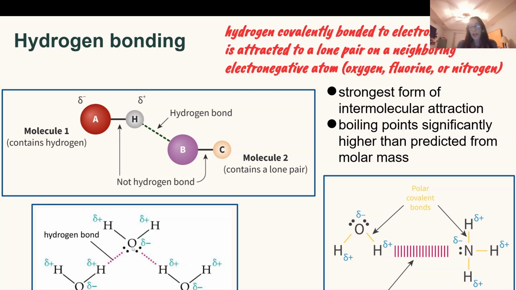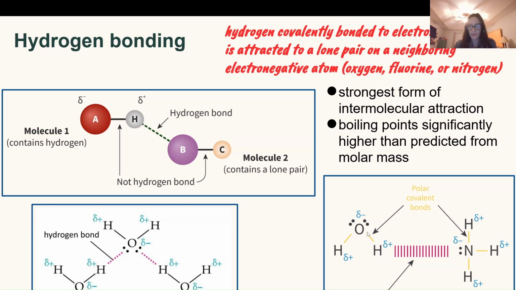It does not necessarily have to be between all of the same molecule. For example, we have water mixed with ammonia here, and you can see that because hydrogen is covalently bonded to nitrogen on this one, these hydrogens can form hydrogen bonds with a neighboring ammonia molecule or a neighboring water molecule. Likewise, this hydrogen can form a hydrogen bond with neighboring water or ammonia molecules because they are electronegative enough to form these hydrogen bonds.